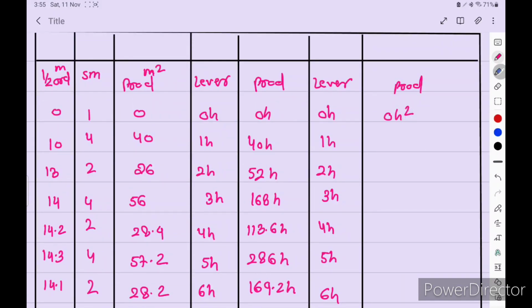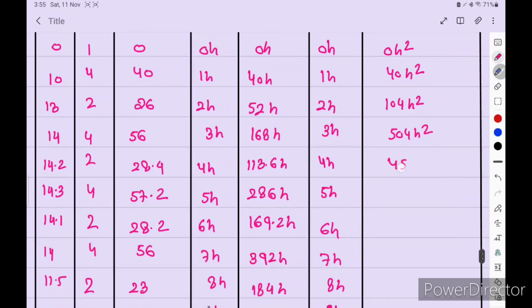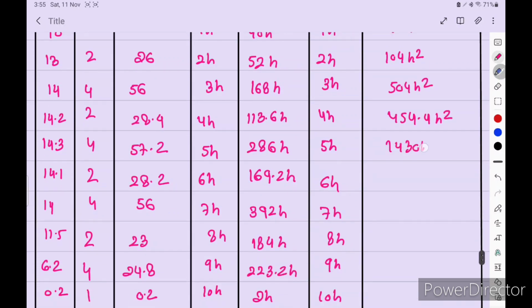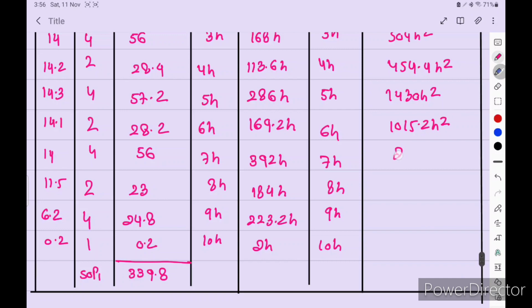Multiplying again: 0H square, 40H square, 104H square, 504H square, 454.4H square, 1430H square, 1015.2H square, 2744H square, 1472H square, 2008.8H square, 20H square.